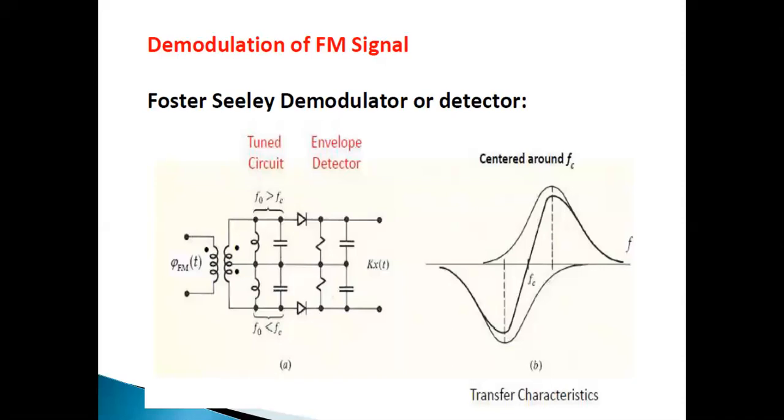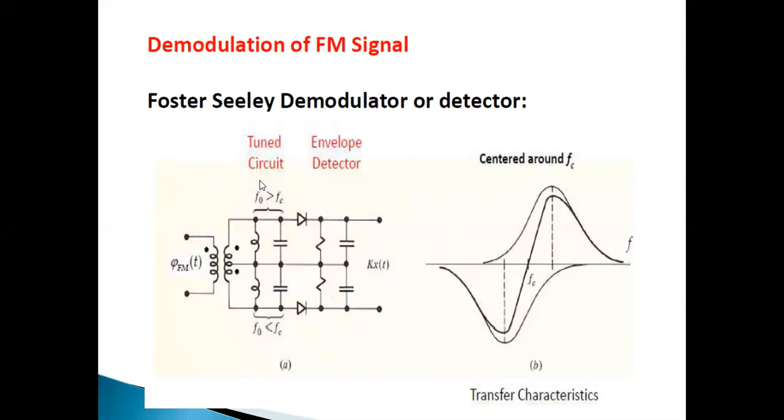Whenever we apply this as a negative input to the Foster Seeley demodulator circuit, it will process through the nonlinear element and we get the signal like this. So this is the positive message signal, and this is represented as a negative message signal.